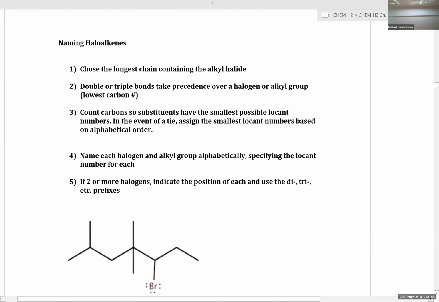So, while we're on the topic of nomenclature, let's talk a little bit about naming haloalkenes and haloalkanes. Okay, so if you're naming just an alkane, you want to choose the longest chain containing the alkyl halide.